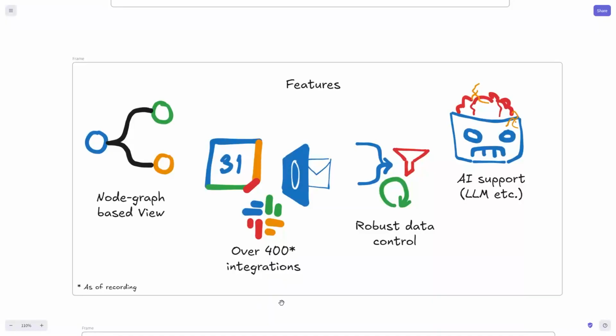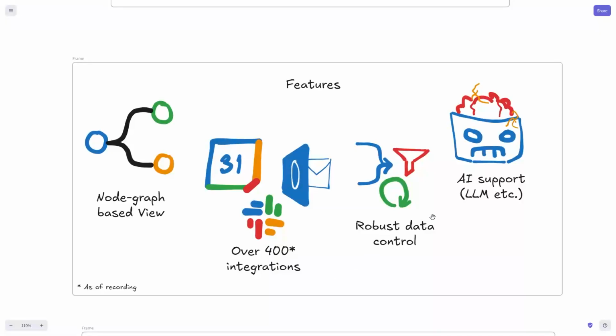They both have over 400 integrations as of recording. They are official integrations in the application. Might not be too streamlined, but it finishes the job. It allows you to complete your job, I guess.